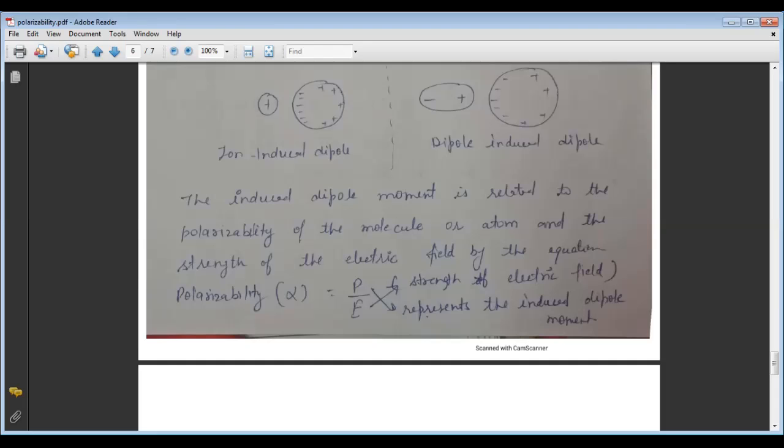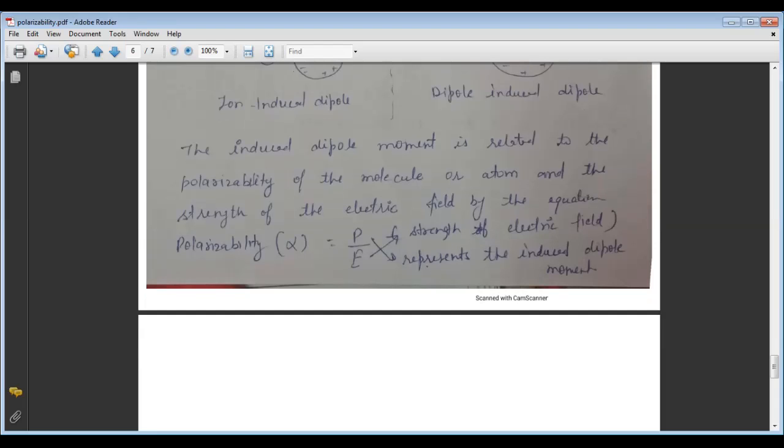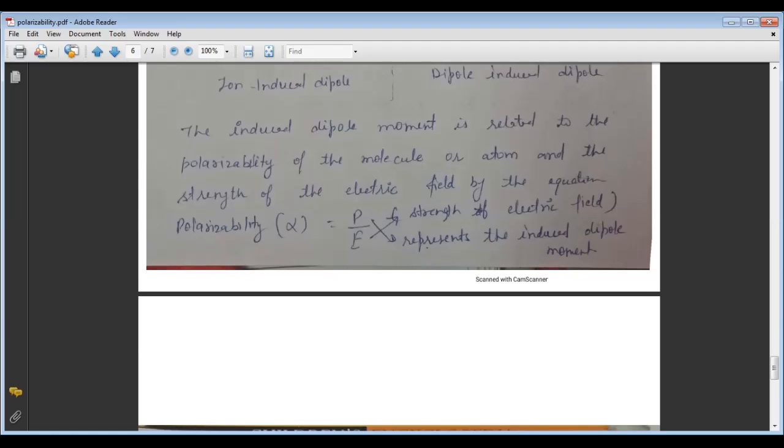Here we can see the ion induced dipole and the dipole induced dipole. The induced dipole moment is related to the polarizability of the molecule or atom and the strength of the electric field by the equation: polarizability, denoted by alpha, is equal to P upon E, where P represents the induced dipole moment and E represents the strength of the electric field.